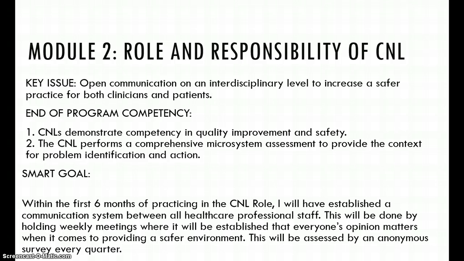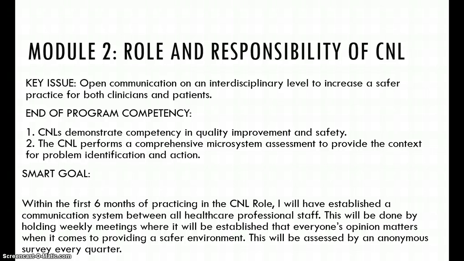Also, the CNL performs an assessment that really points out what problems are and creates actions in order to have solutions.